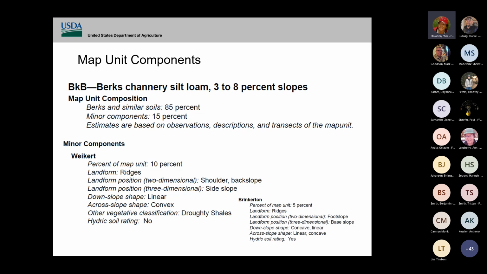So they throw it all together and call it a Berks-Weikert complex. There are other types of map unit components that I won't go into, but in Pennsylvania, most of our map unit components are what we call consociations, where you just have one main soil named in the map unit name, or they may be complexes where you have two or more soil series named in the name.